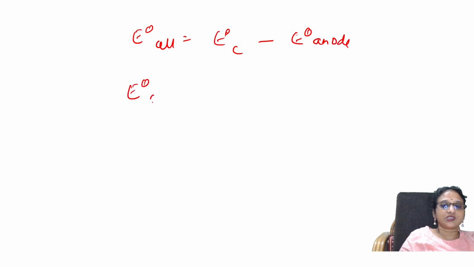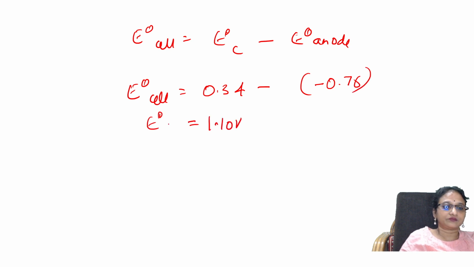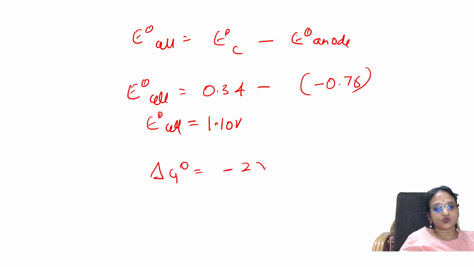Cathode is 0.34, anode is 0.76. How much is this value? 1.10.